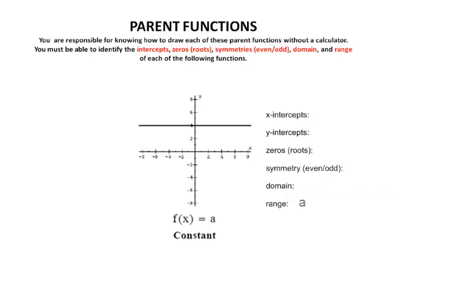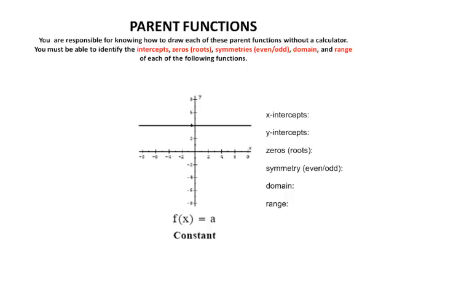The range of this function, all of the y output values or dependent variable values, is the one value of a. Everywhere in the xy plane, this function has a y coordinate of a.